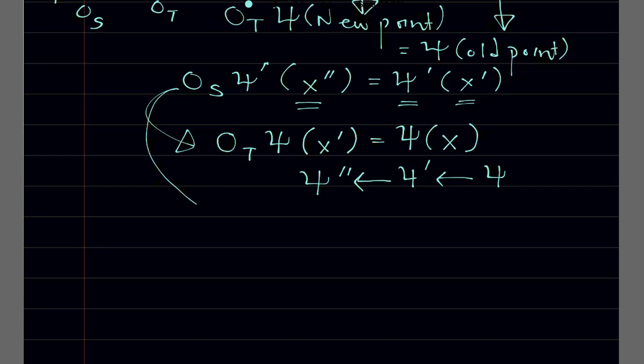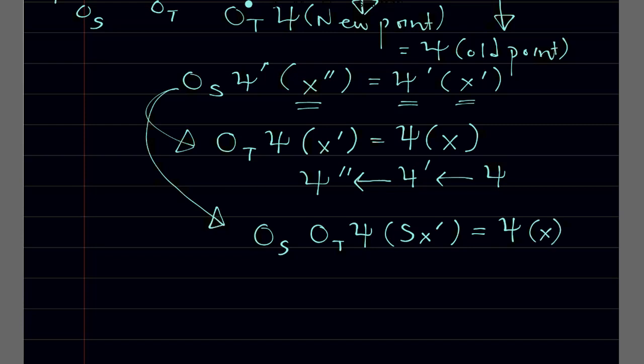So let us look at the behavior of OS. I can do one interesting thing here. I know that psi prime is when OT acts on psi. And what is x double prime? I know x double prime is when S acts on x prime. And on this side, we have psi prime of x prime, and I already proved that psi prime of x prime was psi of x.